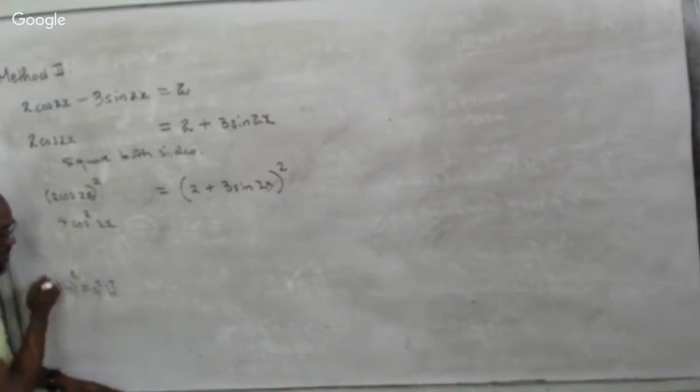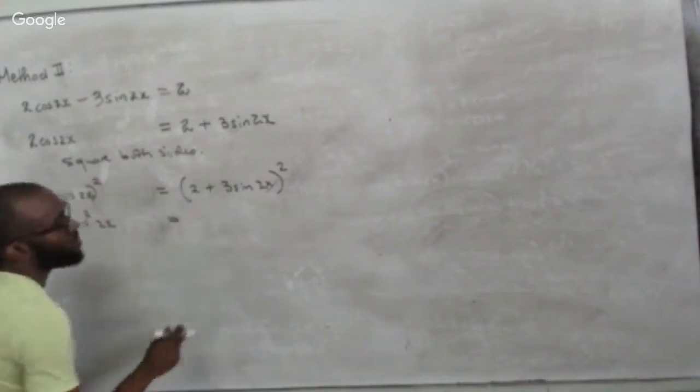Why don't you square the 2 and the x? Because the 2x belongs inside the cosine, so cosine 2x is a single term. So cosine 2x times cosine 2x is cosine squared 2x.